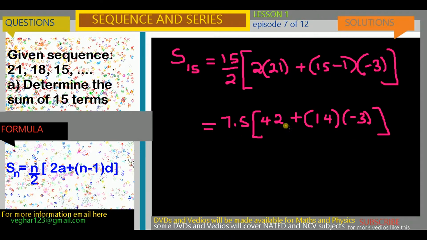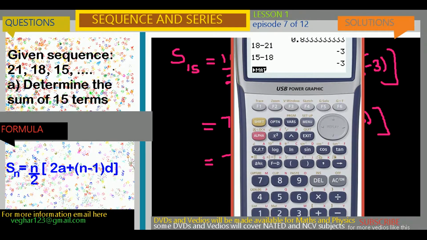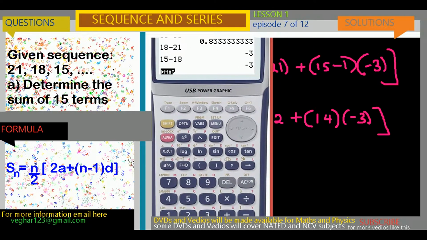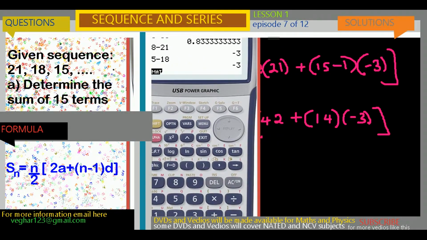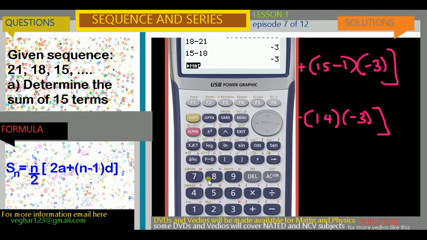Let's calculate the inside part and see. So the inside part is 42 plus 14 times -3.